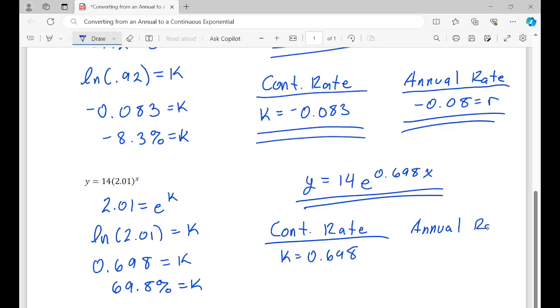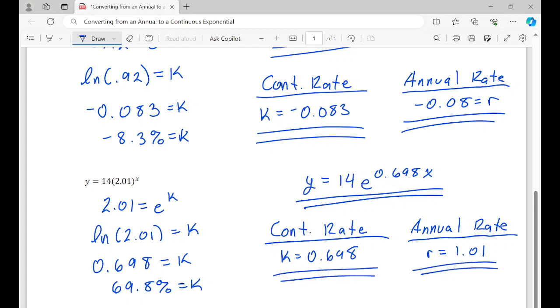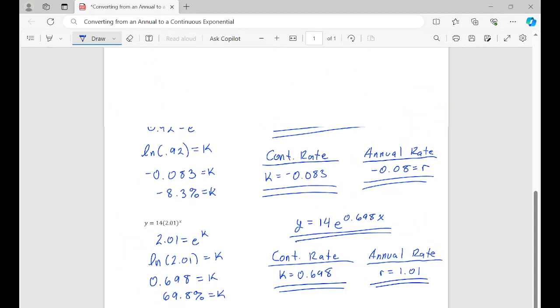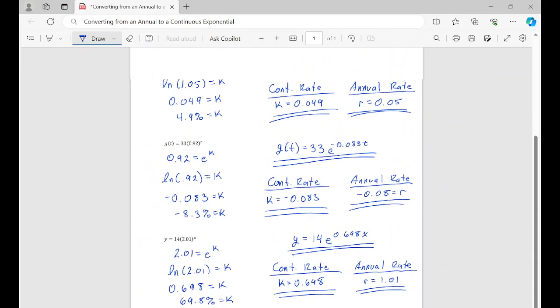And the annual rate, just 2.01 minus 1, is going to give me r equals 1.01 for my annual rate. And in this case, you can see that the annual rate and the continuous rate are fairly far off, whereas the other two were decently close to each other.